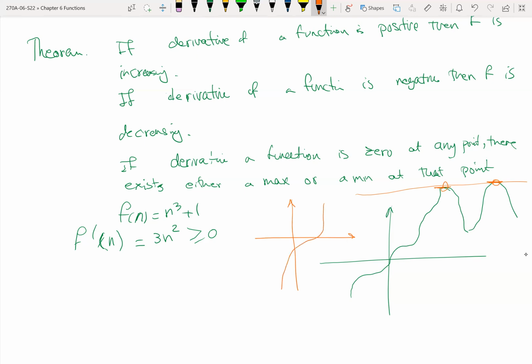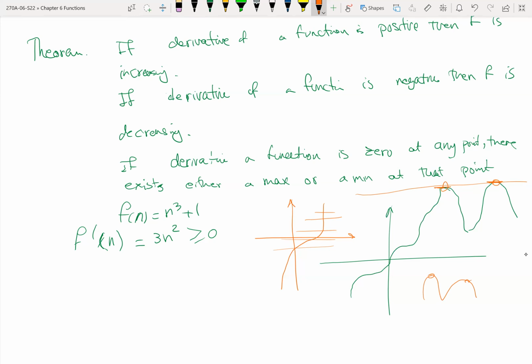There is no case of going up and down, or making 2 maxes or 2 mins. So it's always going up, it passes the horizontal line test, there is only one single intersection, which means that if the images are the same, your inputs have to be the same. So 0 is not a problem.